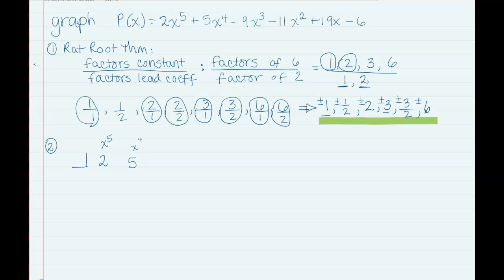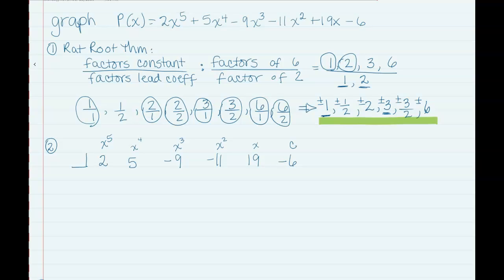And then negative 9, that's the coefficient of x cubed. Negative 11, that's the coefficient of x squared. 19, that's the coefficient of x. And then minus 6, this is our constant. And now we're going to guess. Because I underlined 1 and I underlined 3, those are going to be my first guesses.